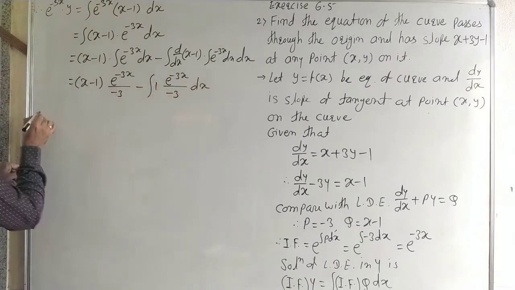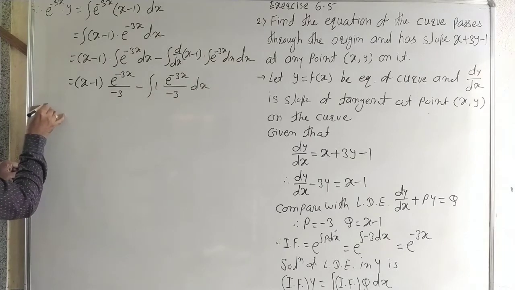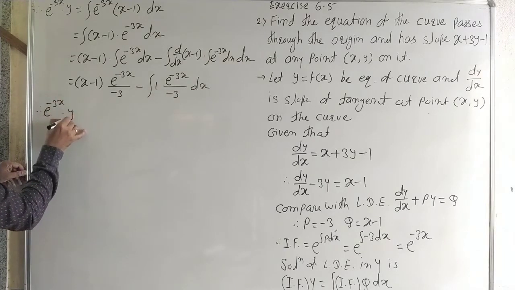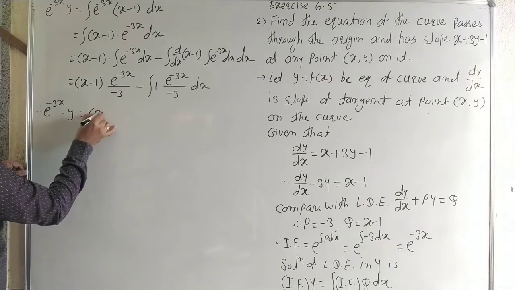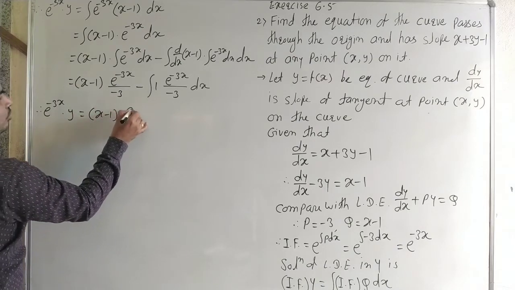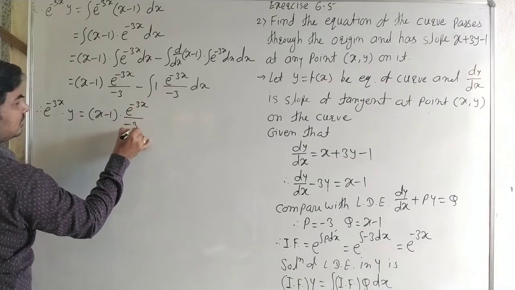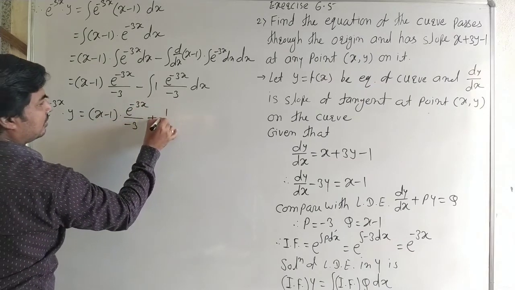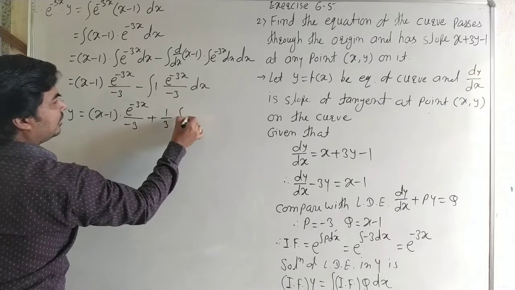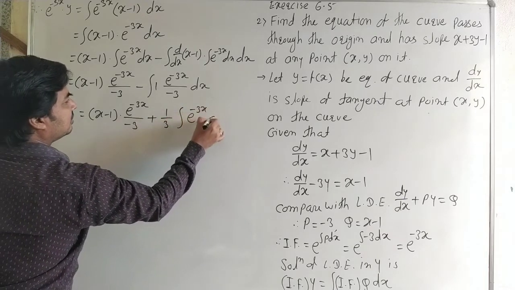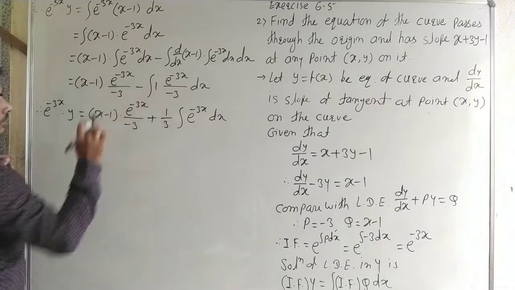See carefully this. Now here e to the power -3x into y is equal to (x - 1) into e to the power -3x upon -3. Then here plus 1/3 into integral of e to the power -3x dx. We write this 1/3.